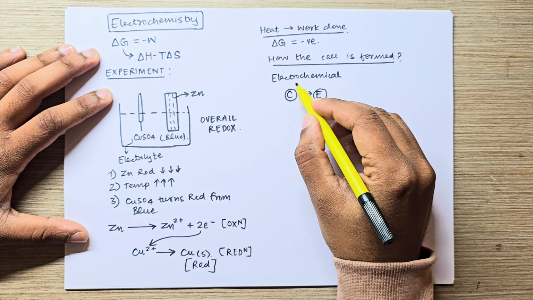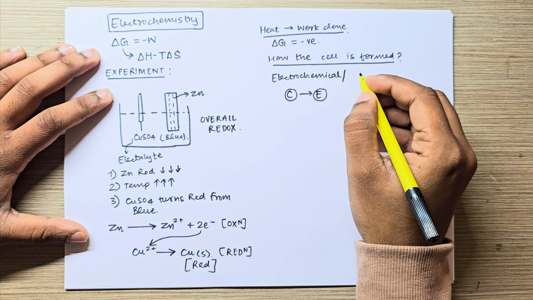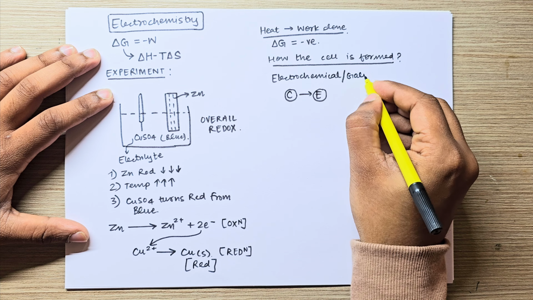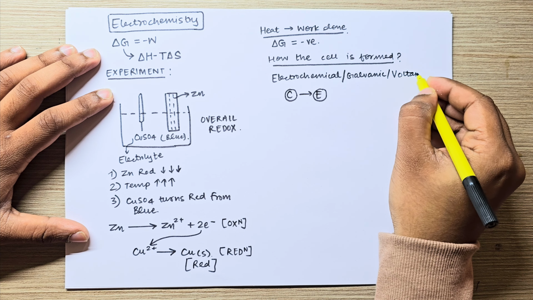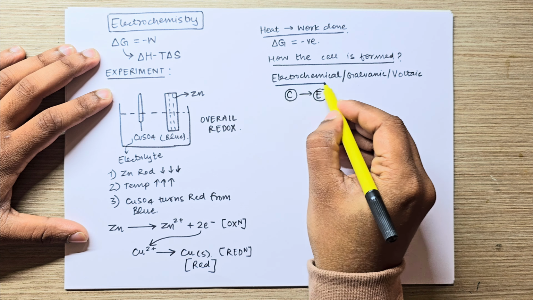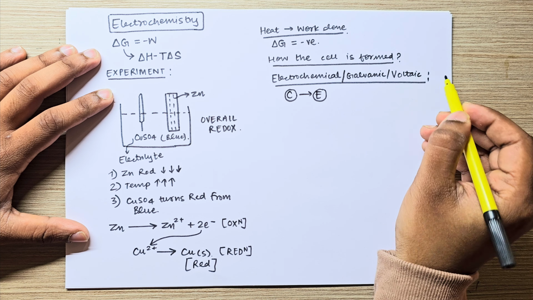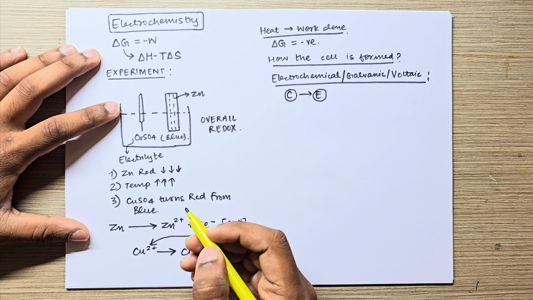That is why we call it an electrochemical cell, or we can call it a galvanic cell, or a voltaic cell. Right?